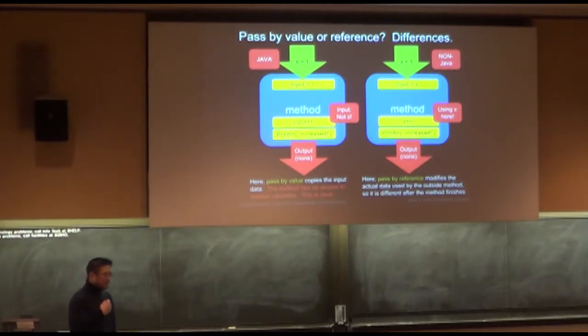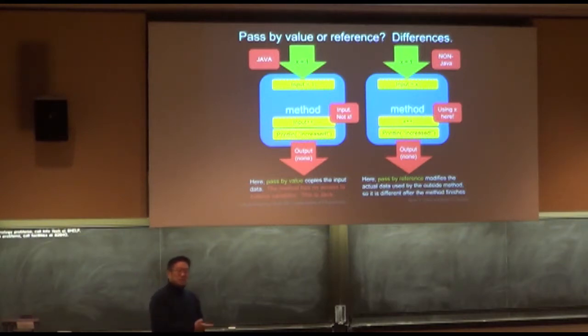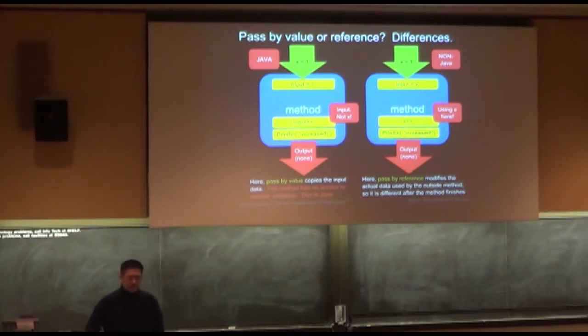If I pass in a variable, it's easy to just say, here's the location in memory where I'm storing that value. Use that location in memory. By pointing that method to that location, it makes it easier to run the programming language. You don't have to make a copy of the data that's getting passed in.